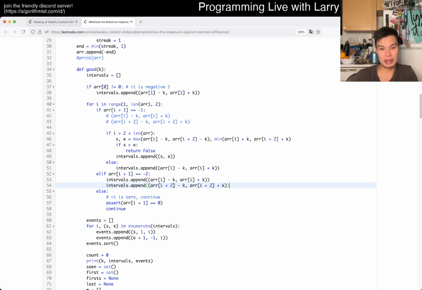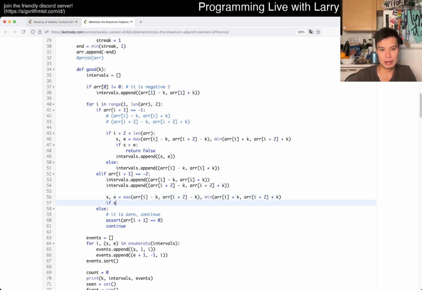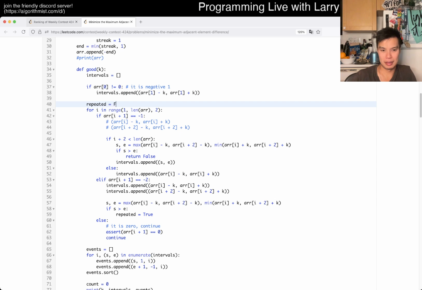okay, so basically if the overlap, okay, so we have something like this. If the overlap is, then we have, I don't know, repeat or something, and if it overlaps, no, if there's no overlap, no, which one is it?